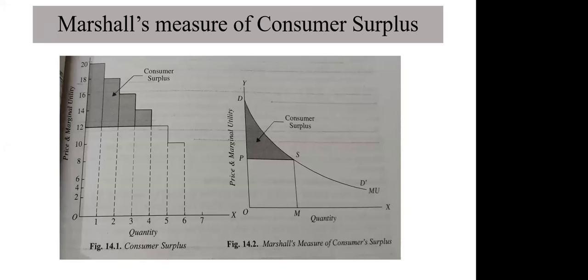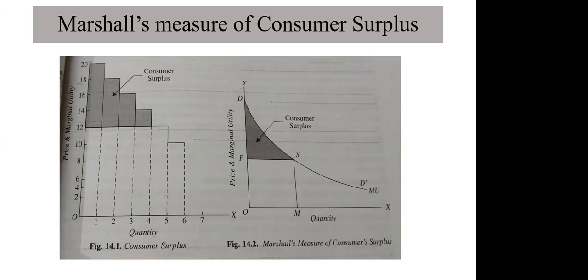Actually, consumer surplus, since it's a cardinal concept, we can only measure in terms of money. Yes, you are right. But in real life, it is very difficult to tell, because it is very subjective to a person. Even if I am willing to pay rupees 20 for a particular commodity, you may be willing to pay 25.